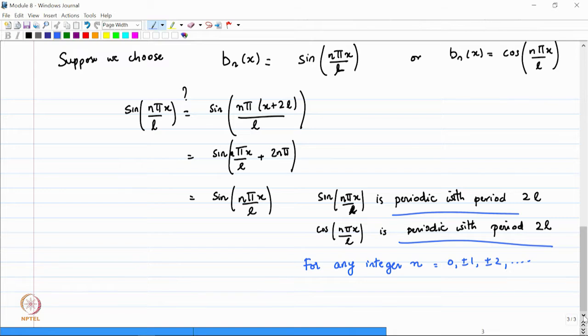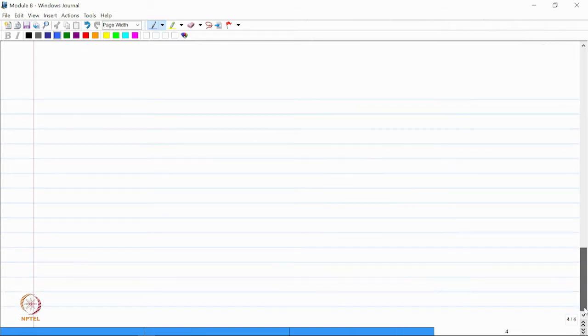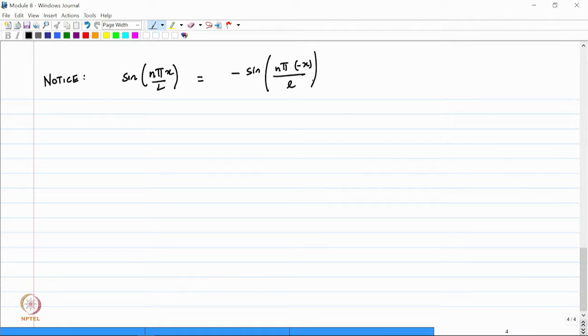But we notice one thing, that sine of n pi x by L is equal to minus sine of n pi minus x by L. So sine is an odd function.